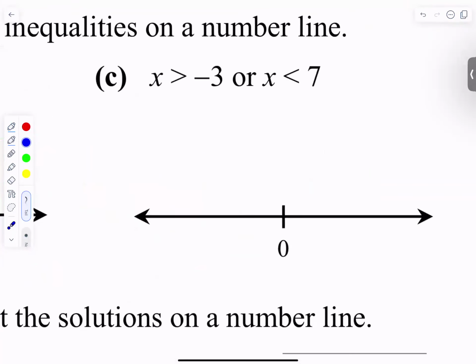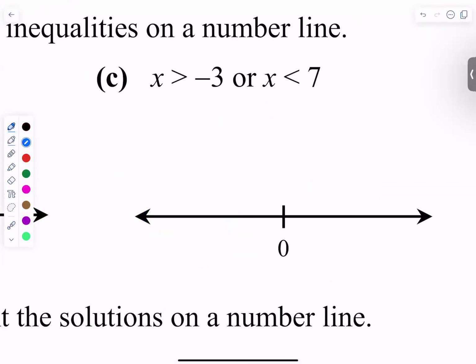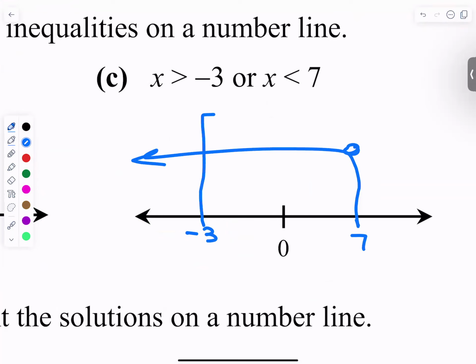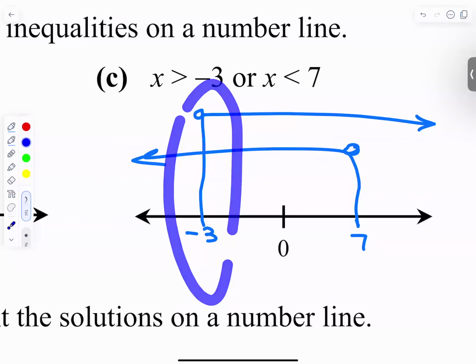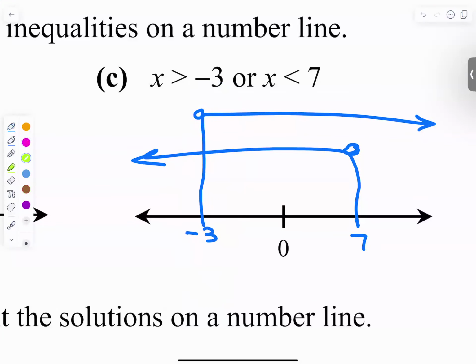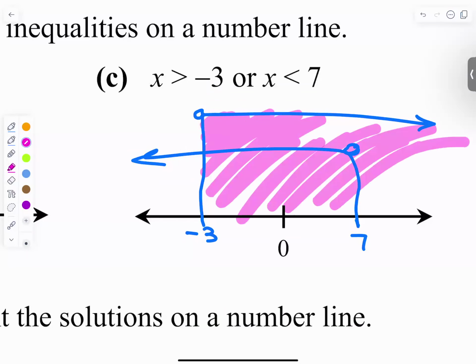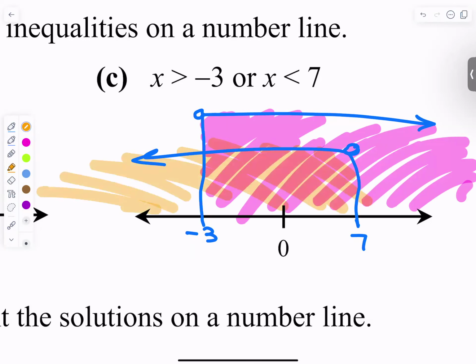Same for this one. -3, 7. So for this part here, no equal sign, going to the right side. And for the 7, it's going to the left side. Then which one is the answer?